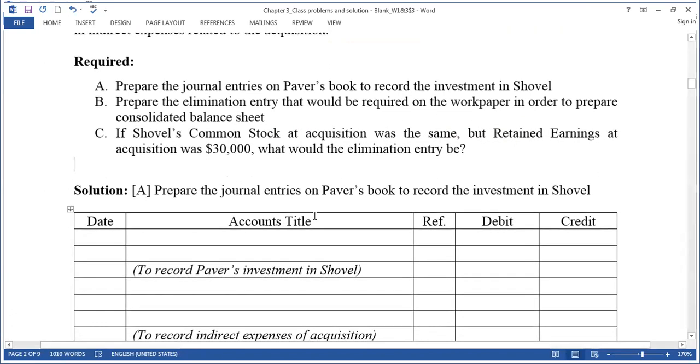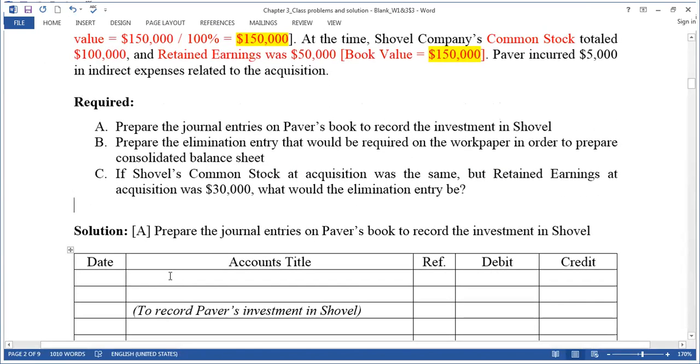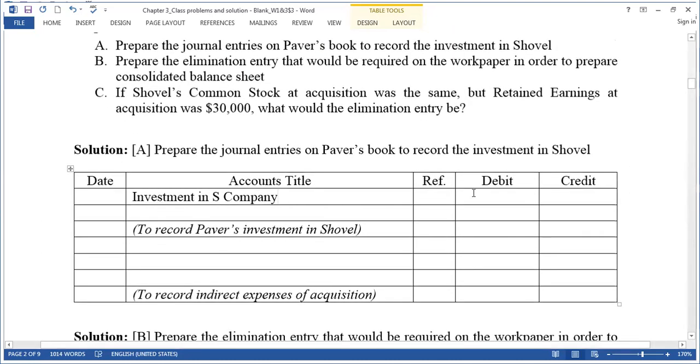Okay, so let's see. Requirement A is very easy. Your investment is debit. If you are the parent company, investment in subsidiary company debit, $150,000 is the investment. According to this question, we invest our cash.